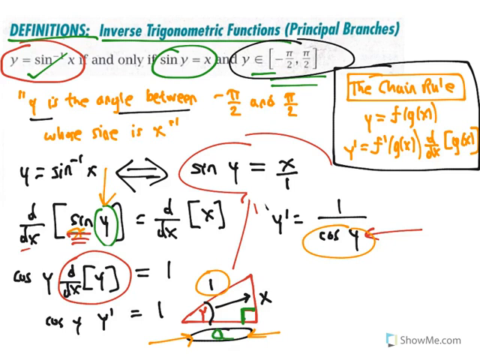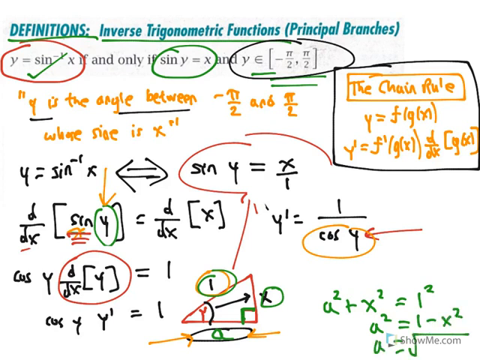So we'll label the length of the adjacent side as a. So we have a squared plus b squared is equal to c squared. And b is of course x, and c is of course 1. So now you can solve for a. A squared would be 1 minus x squared. So a would be equal to the square root of 1 minus x squared. So that is the length of the adjacent side.